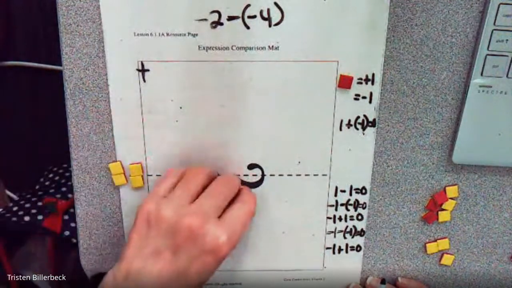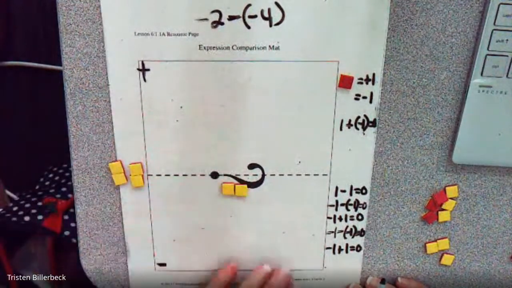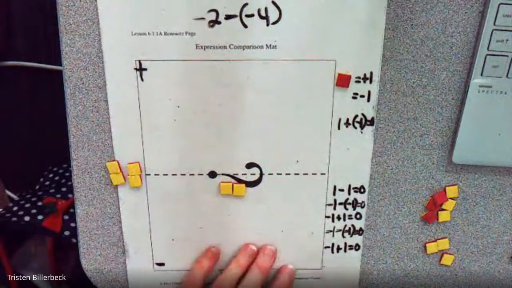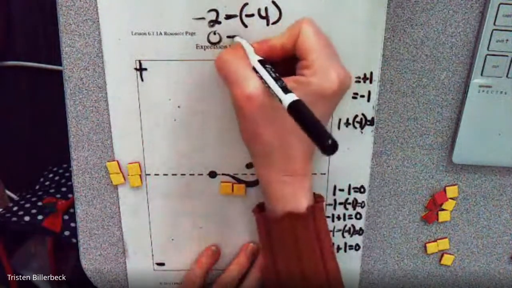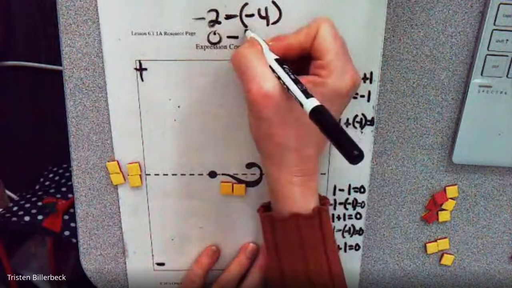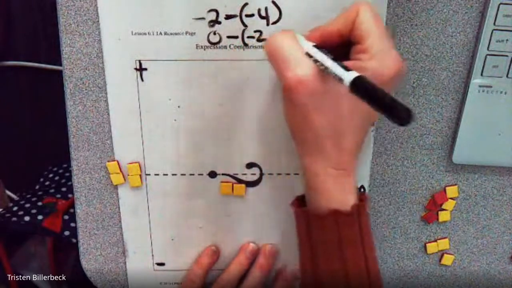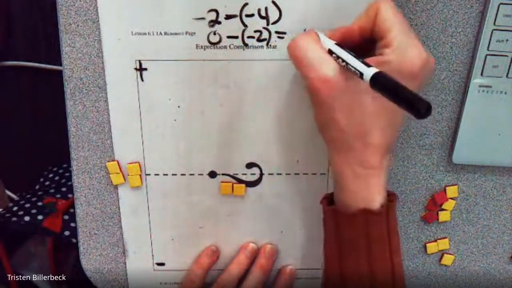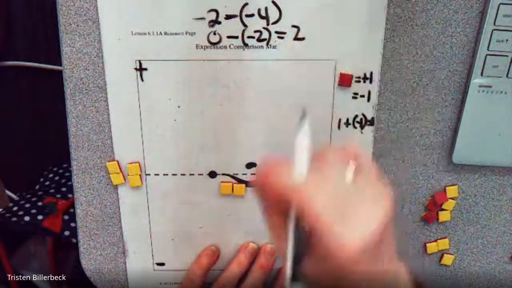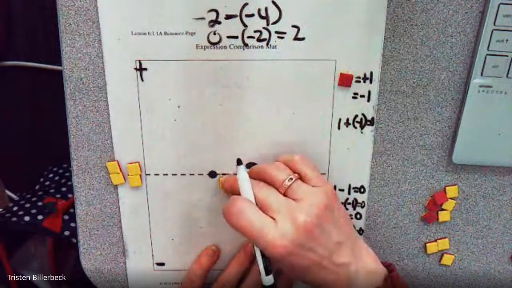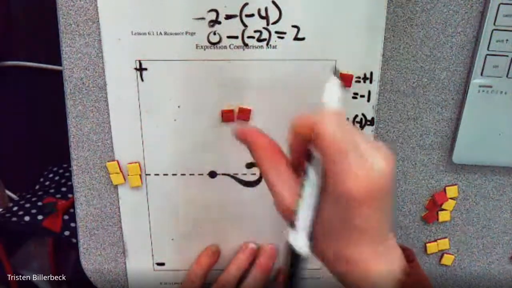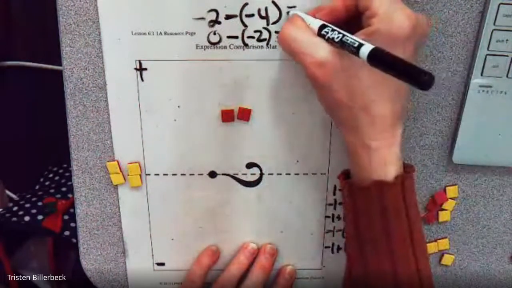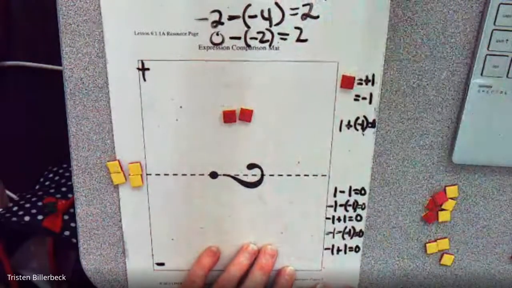And then I have a minus -2. So this is 0 now minus -2, which should be 2. So if we get up to this line and we flip it over to be in this section, it's 2. So this is 2.